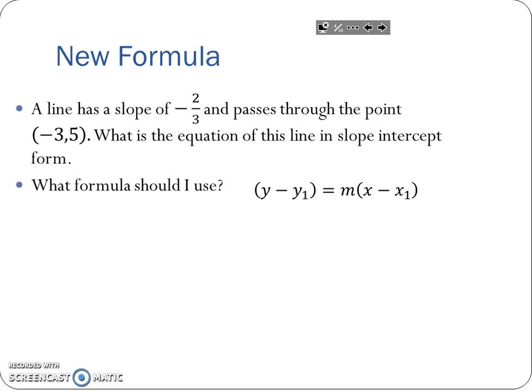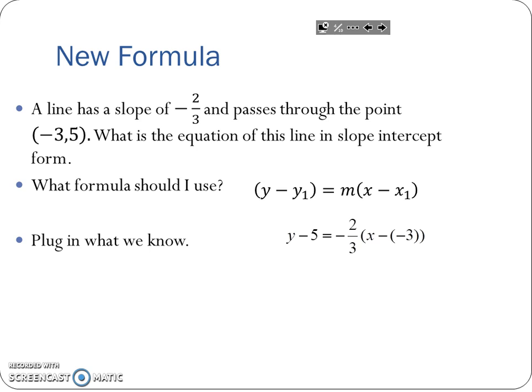I am going to plug in my slope for my m, and then I've got an x minus, my x coordinate is a negative 3, so I'm going to plug in a negative 3 in parentheses here. My y coordinate is positive 5, so I'm going to go y minus my positive 5.